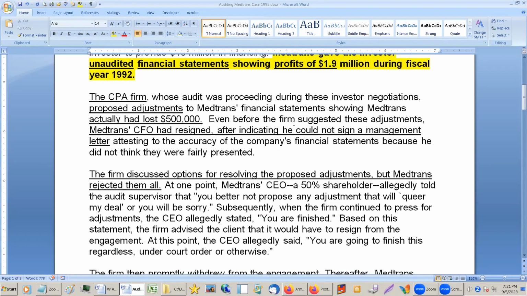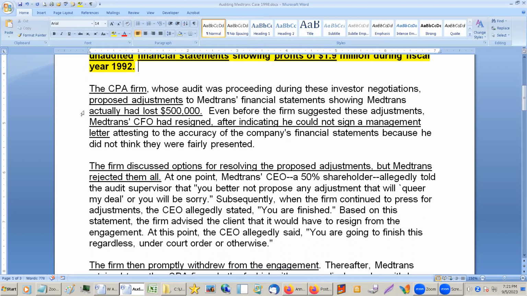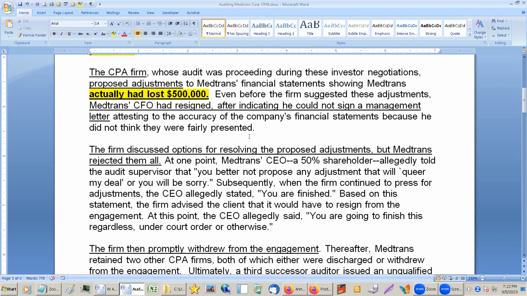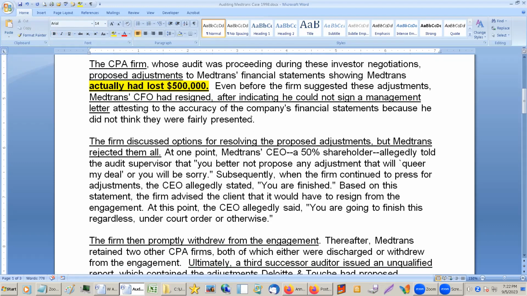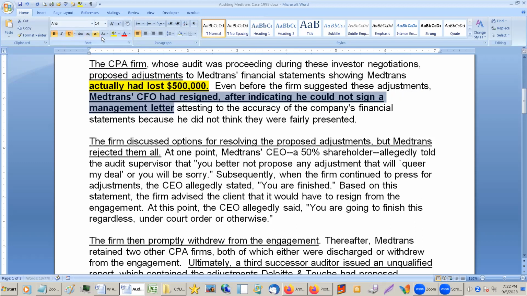The CPA firm comes in and says they actually lost $500,000. The CFO resigned, indicating he could not sign a management letter.